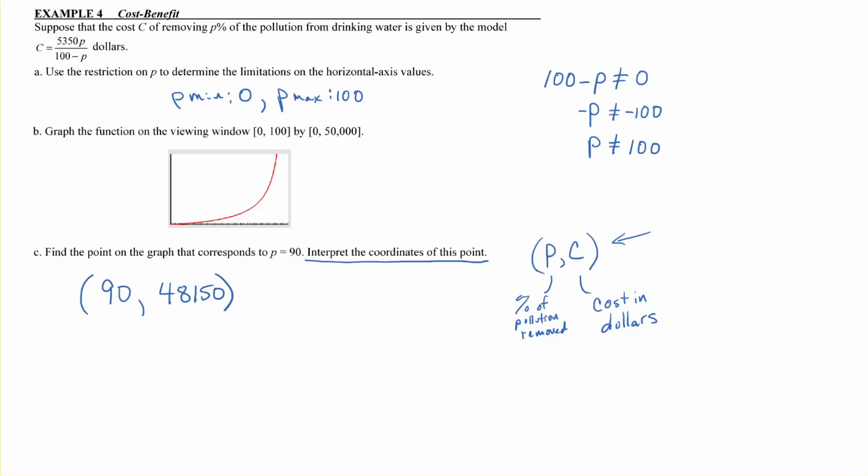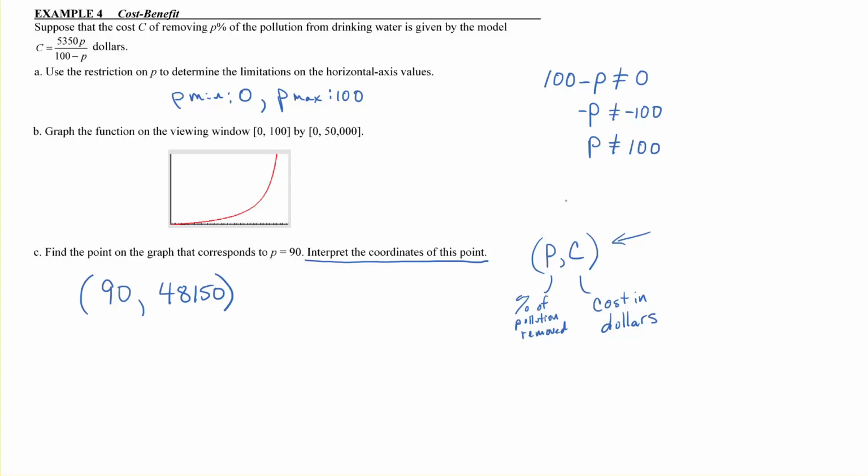What you want to say is what that point means in the context of the problem. Remember, the careers that you're going into, they want you to know the math and how to interpret what this data means for just the everyday person walking down the street.